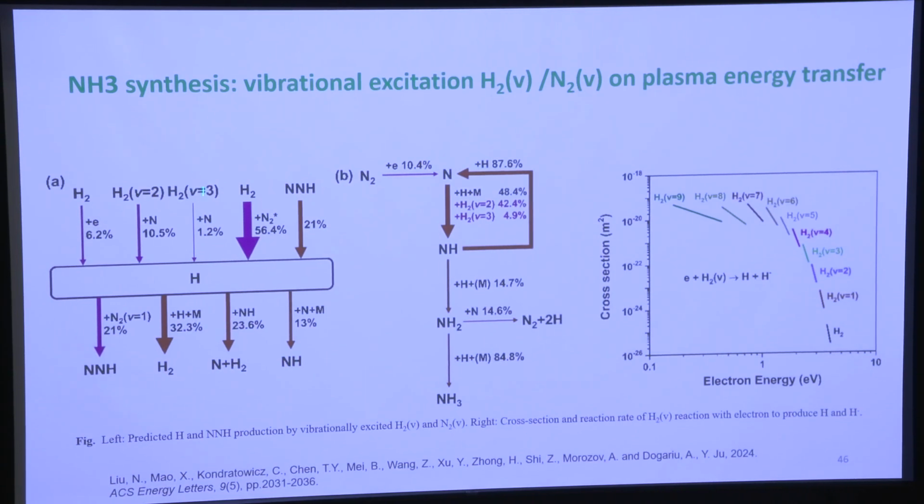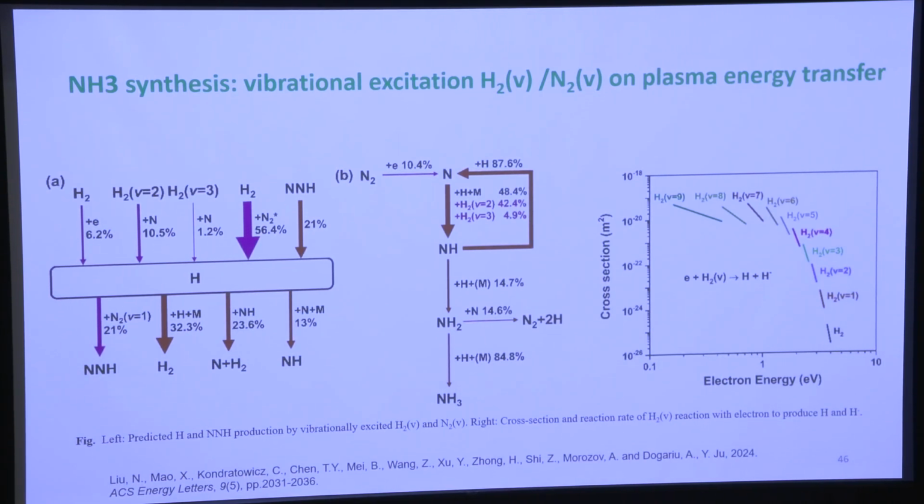That means the vibrational hydrogen contributes to the energy coupling in ammonia synthesis. And you can also see that nitrogen vibration gives a new reaction pathway to an NH group.